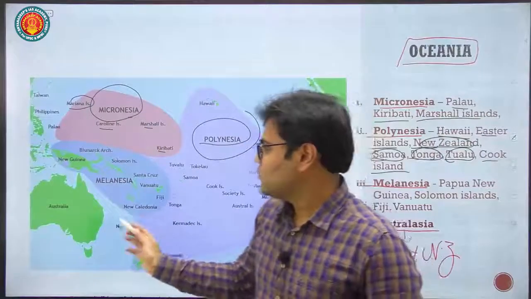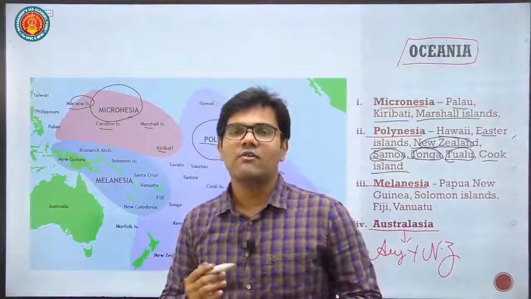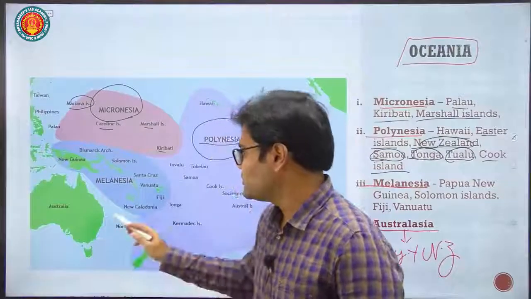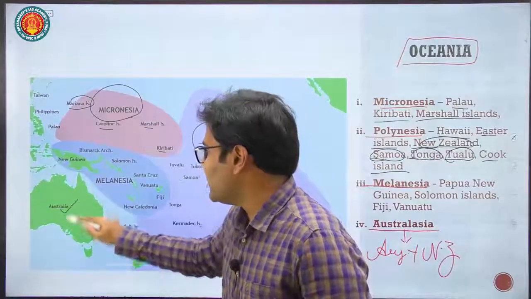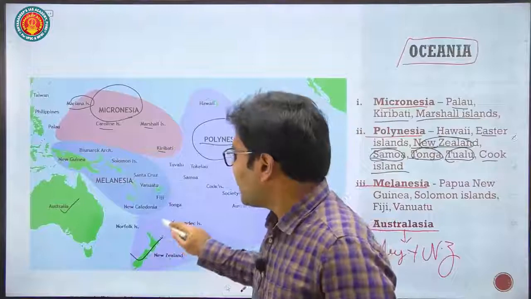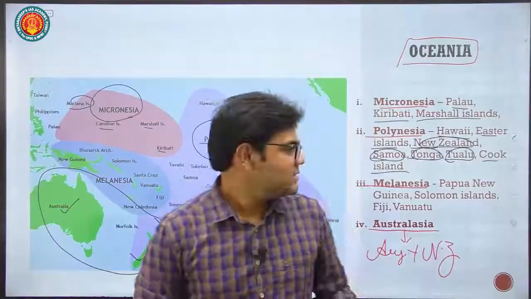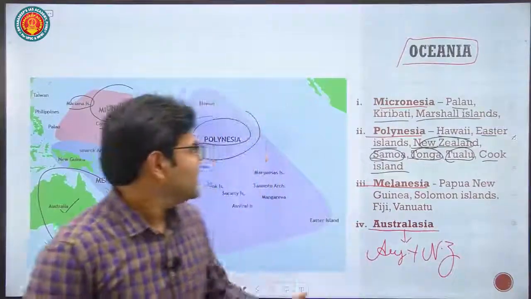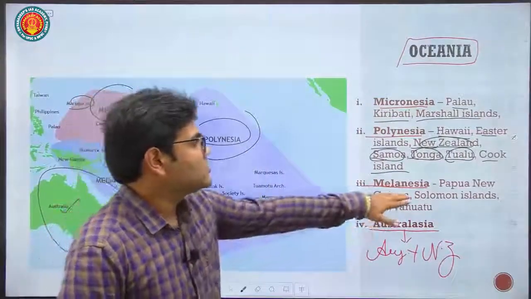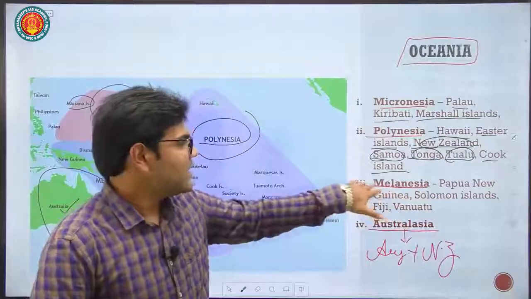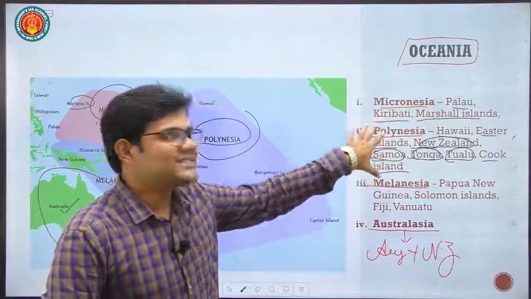Then they can ask which of the following countries are part of Australasia. At that time you should remember the countries of Australia and New Zealand. Australia and New Zealand are part of the Australasia region. Australasia is not a continent, right? Then a very difficult question they can ask is match the pair.